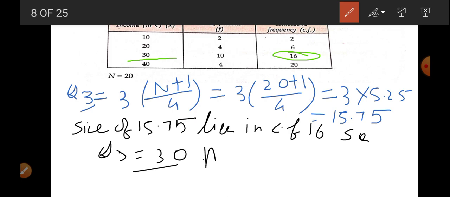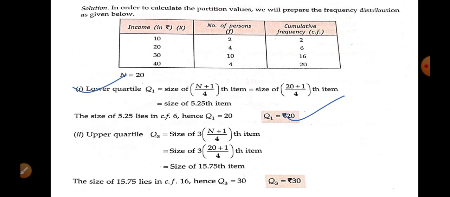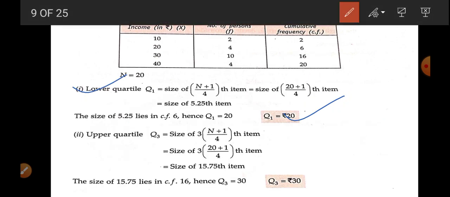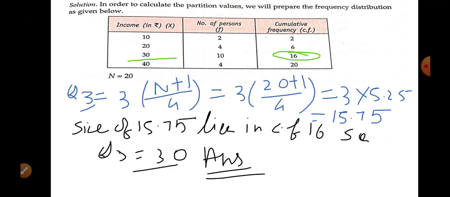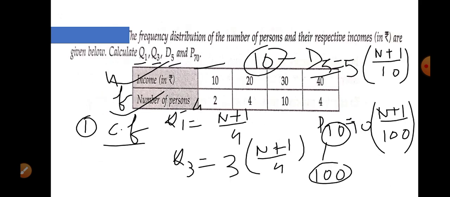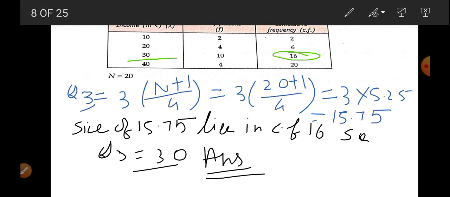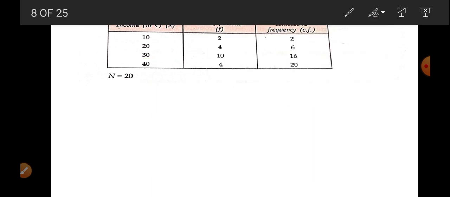Okay, so that is your answer. Students, you can see here the same thing is given. Now next, what do we have to calculate? Next we have to calculate D5. So let us do this, how to calculate D5.